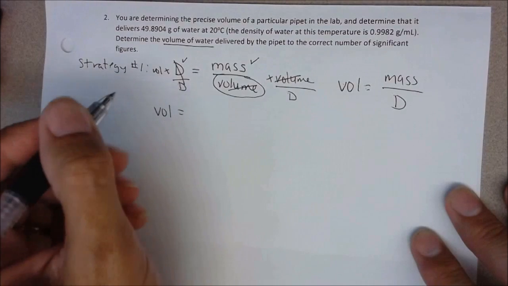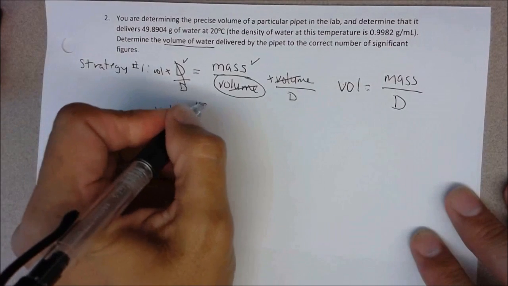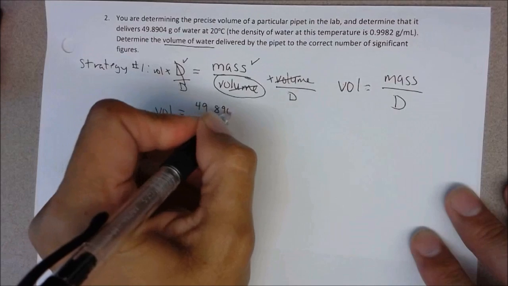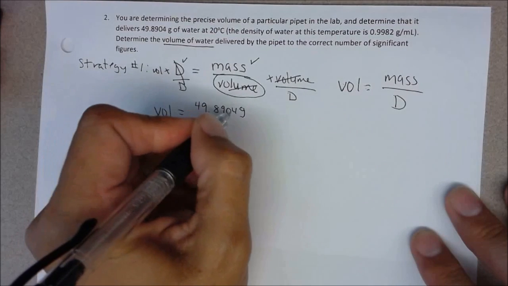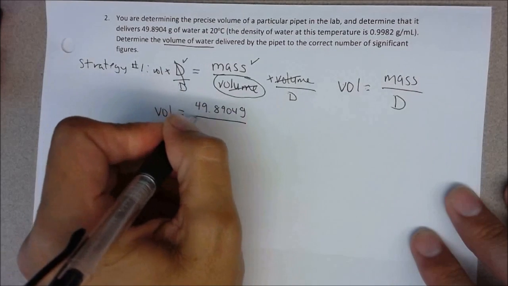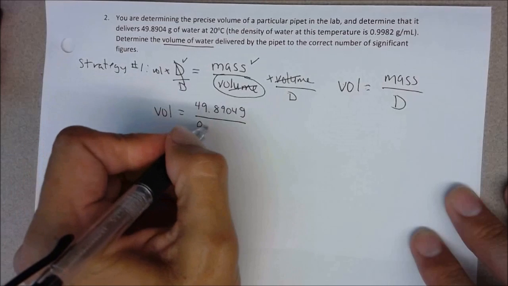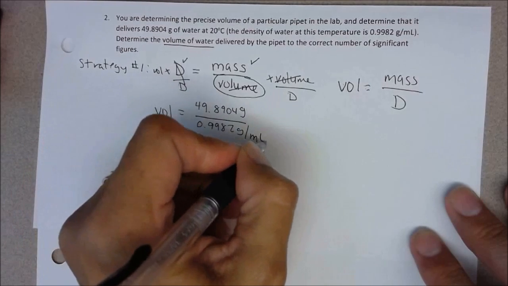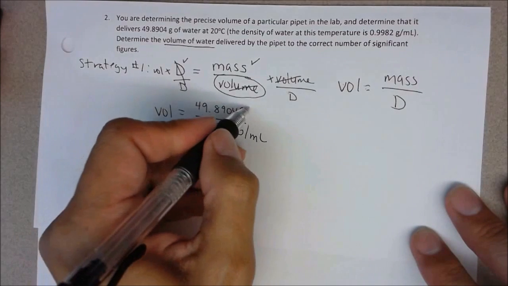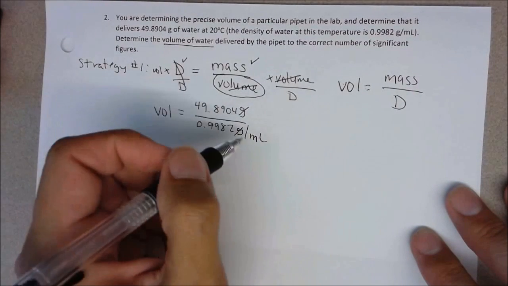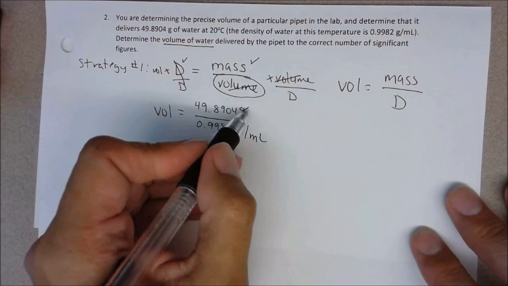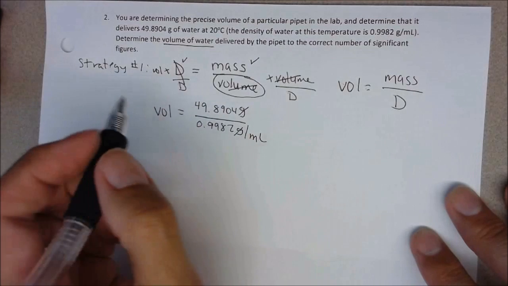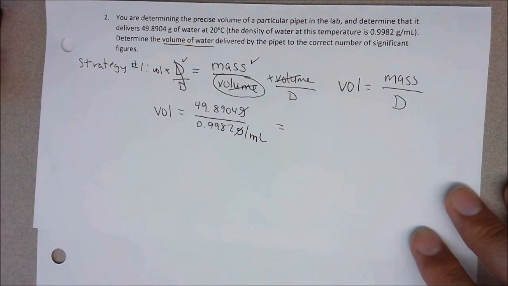Volume equals the mass, 49.8904 grams, divided by the density, 0.9982 grams per milliliter. Notice these 2 grams cancel out, and now we have units of 1 over milliliters, which ends up being just milliliters.